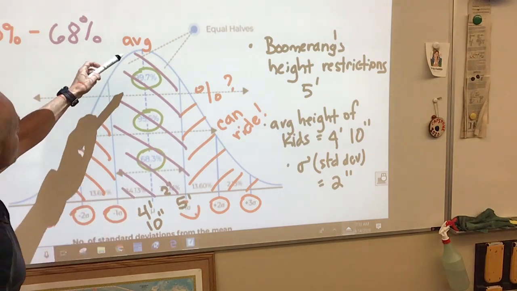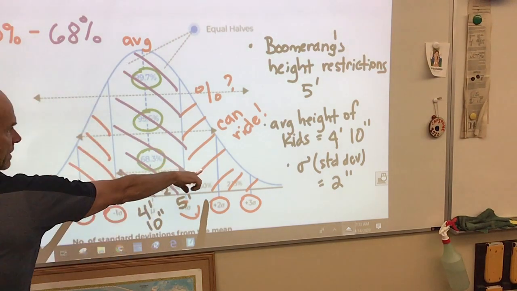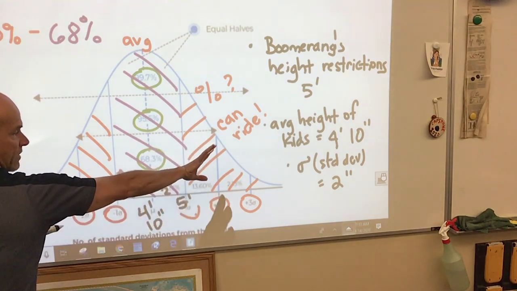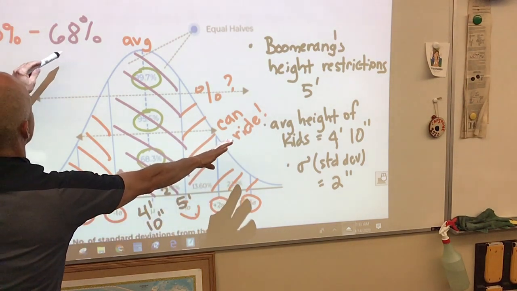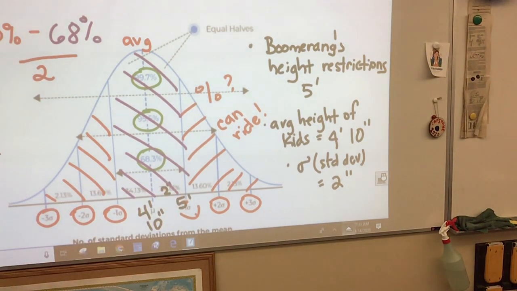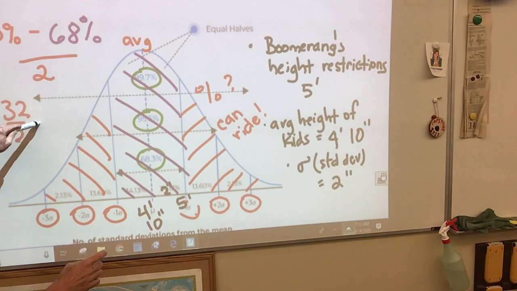So if I subtract 68%, I'm going to be left with these two parts, but I only want this part here. Remember, this is the part that is 5 feet and greater, so I'm going to divide by 2. So 100% minus 68% is 32. 32 divided by 2 equals 16.